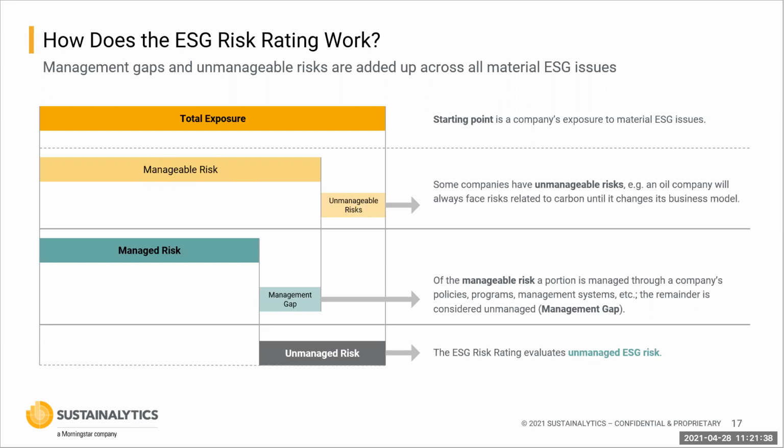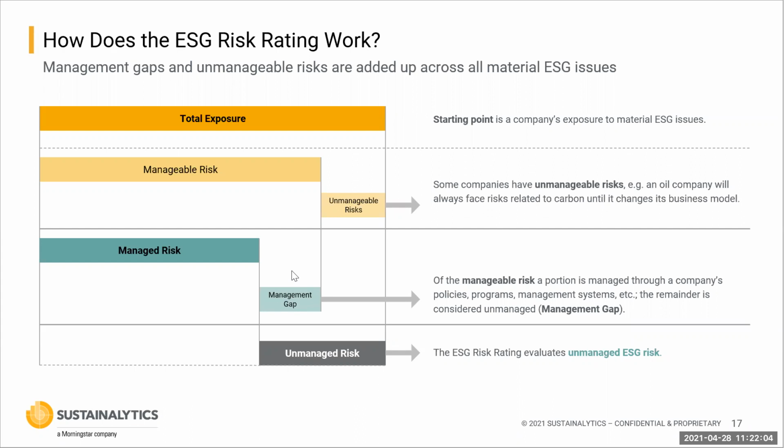So once that's done, we proceed to assess how much of the risk that the company can manage it is managing. That's the managed risk. The risk that the company is able to manage, but is not managing correctly or appropriately, or at least is not disclosing that it's managing, is what we call the management gap.